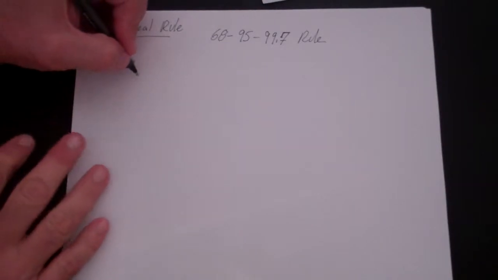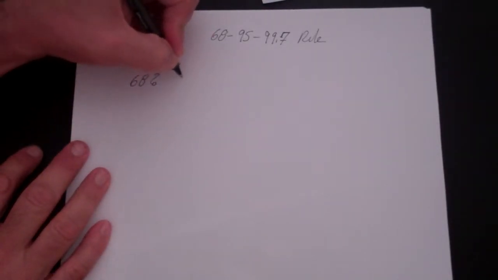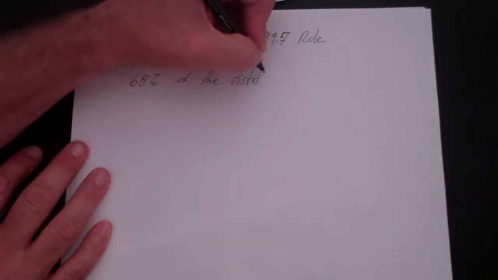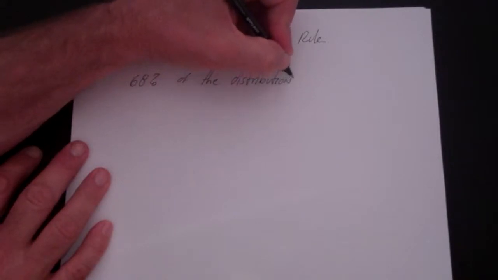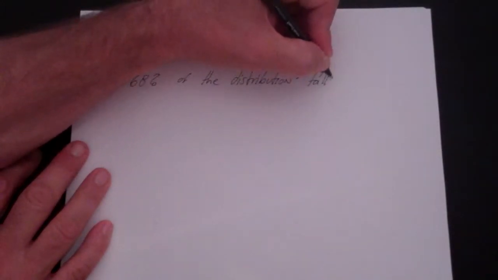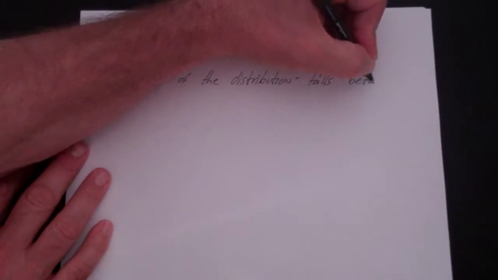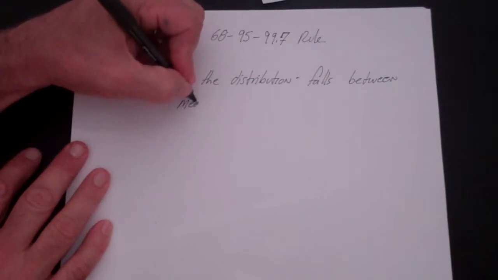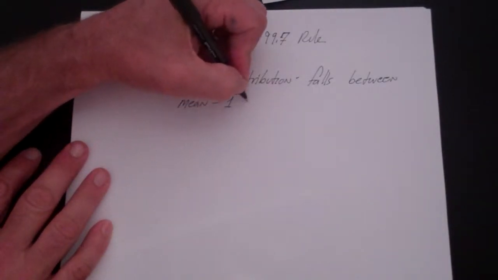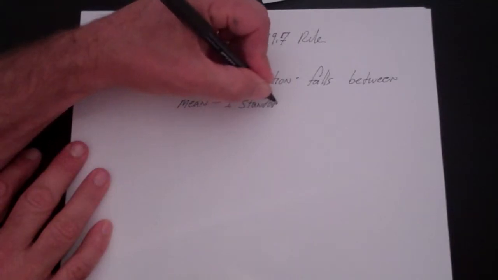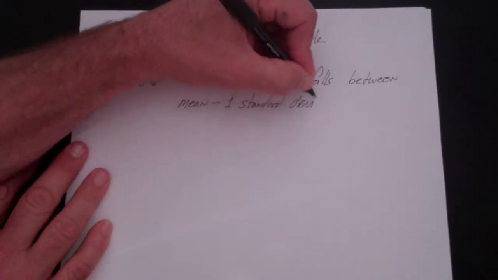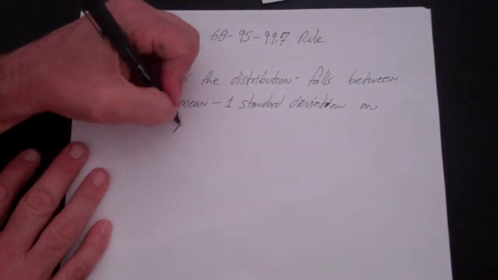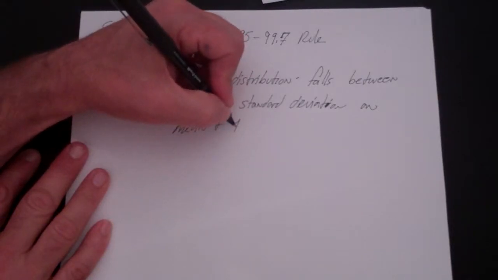And it says simply this: 68% of the distribution falls between the mean minus one standard deviation and the mean plus one standard deviation.